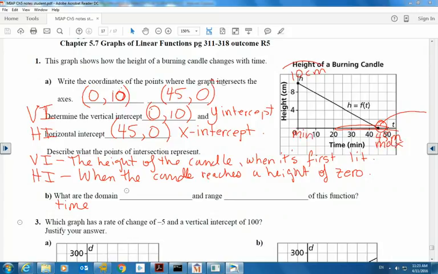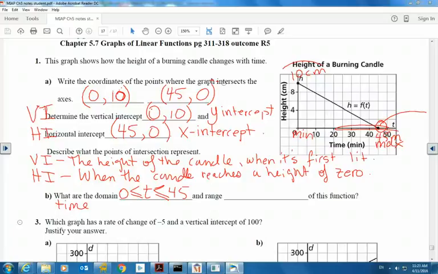So 0 is my minimum. 45 is my maximum. And then I want to fill in the other information, right? So time is my variable here. And 0 is less than or equal to time, and the greatest number for time is 45. So that's my domain. So how do I read this? Time is in between 0 and 45 inclusive of the two endpoints. All right.